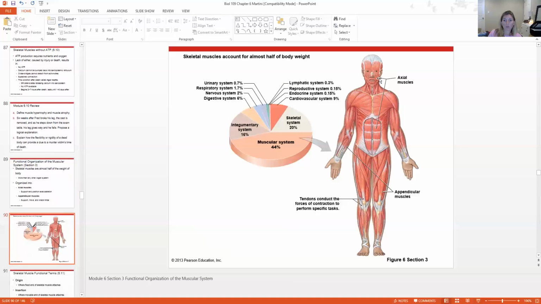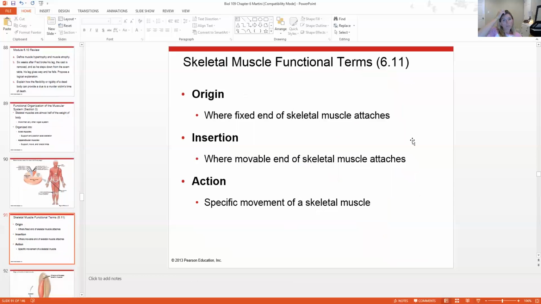Here you see the axial muscles on our trunk and the appendicular muscles on the limbs. Skeletal muscles have 3 main terms associated with them. The origin, which is where it's fixed. The insertion is on the movable end, and then the action is what it does.